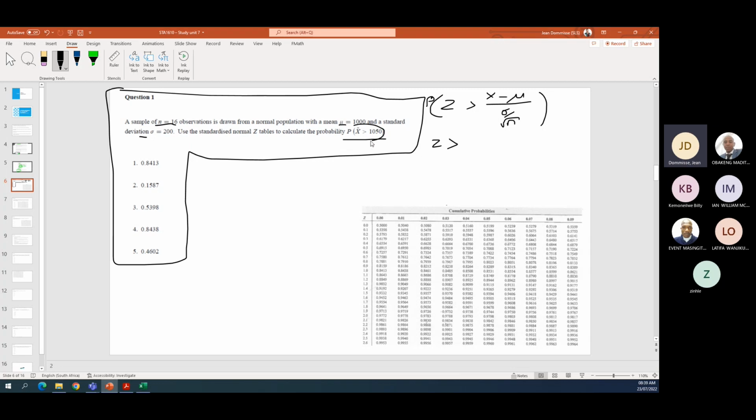X, they tell us, must be 1050, sorry. The mean is 1000. Standard deviation, they must give us, so that's 200. And N was 16.